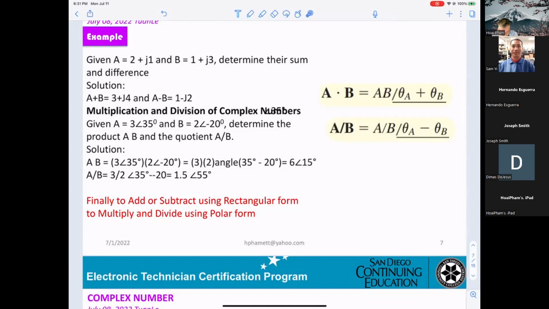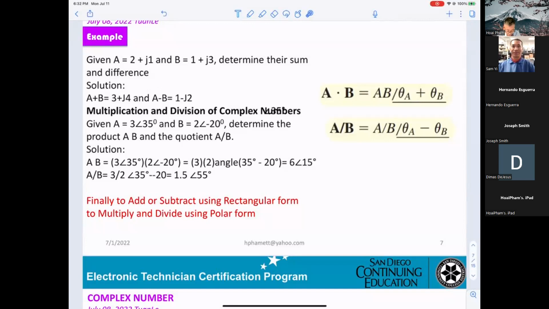They want to know A times B and A divided by B. So for multiplication and division, they use the polar form. 3 angle 35 multiplied by B, 2 angle minus 20 degrees.